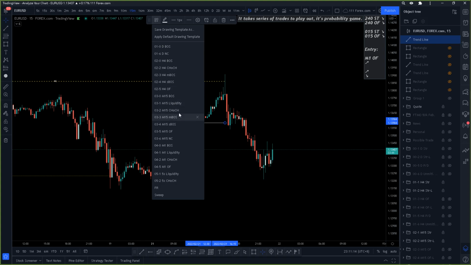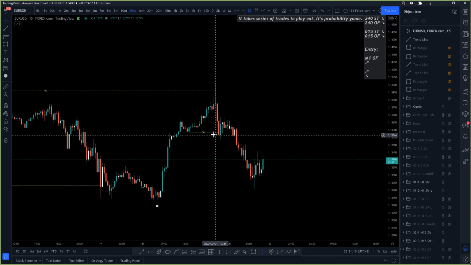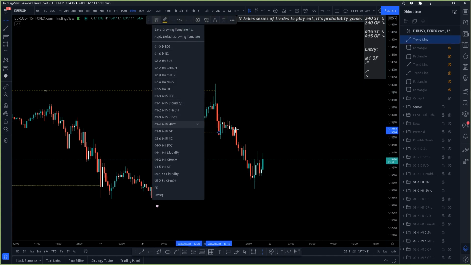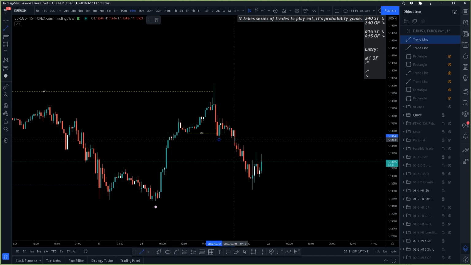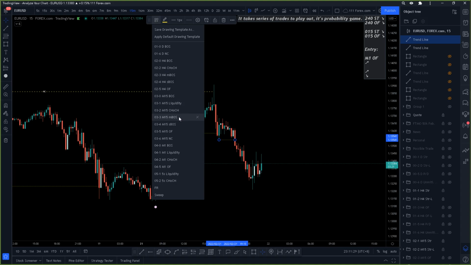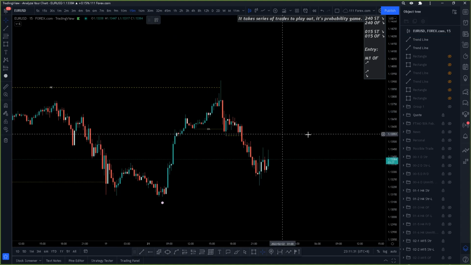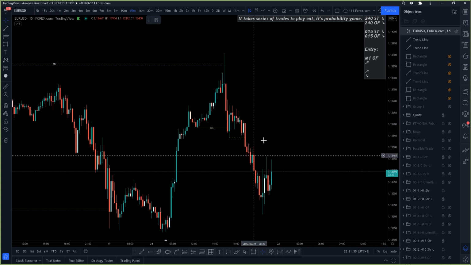M15 change of character. And M15 order flow was trying to sell and goes down like this.